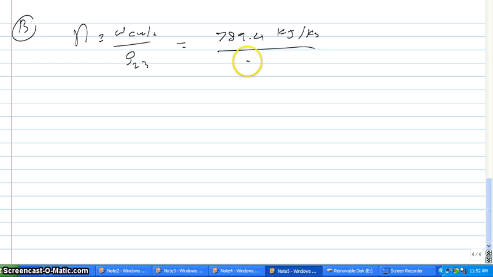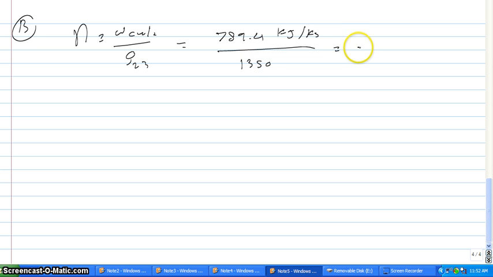Now we do B, which is asking for the thermal efficiency. We all know this equation: thermal efficiency equals work cycle over Q23, which we just found. So it's 789.4 kilojoule per kilogram over 1350.